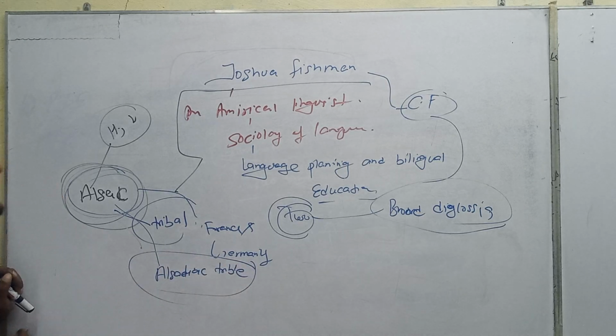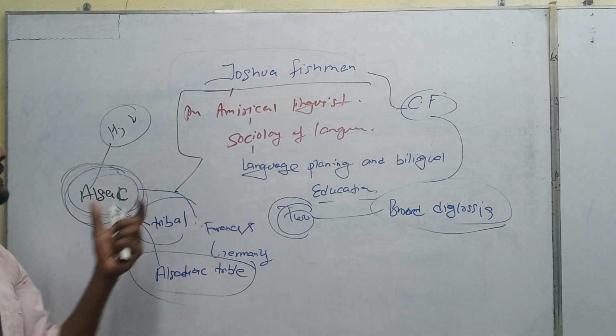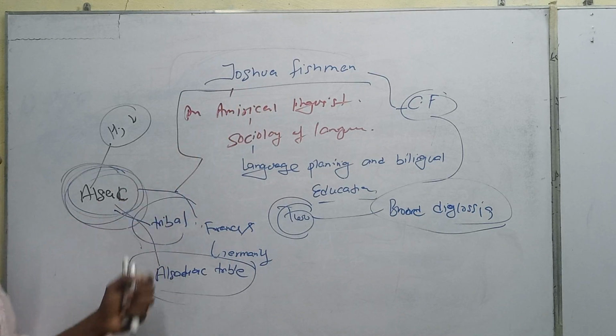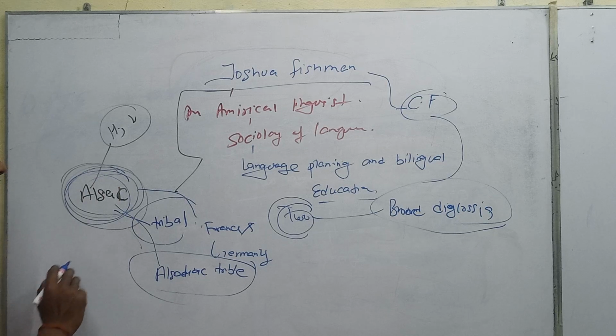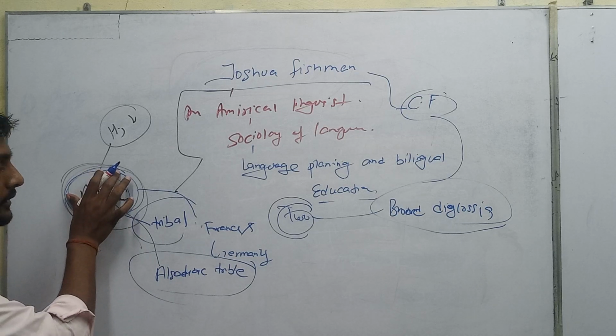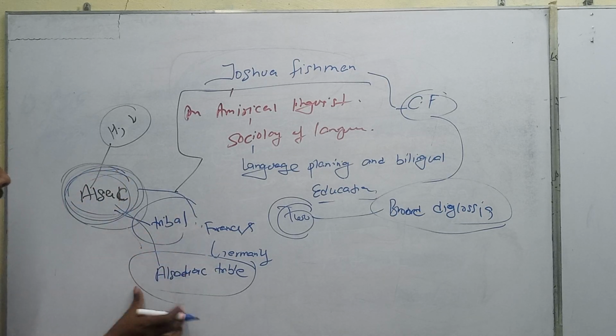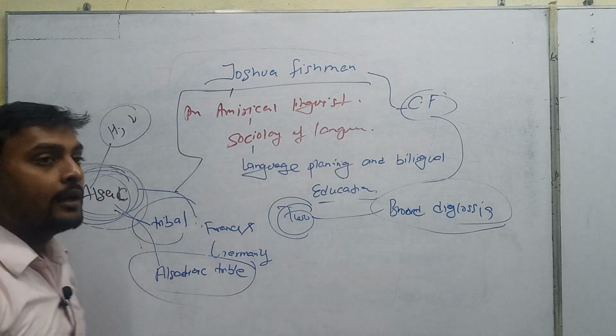He took the example of the Alsiotic people who lived in Alsok.